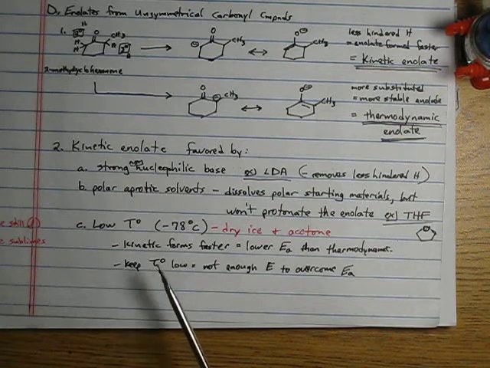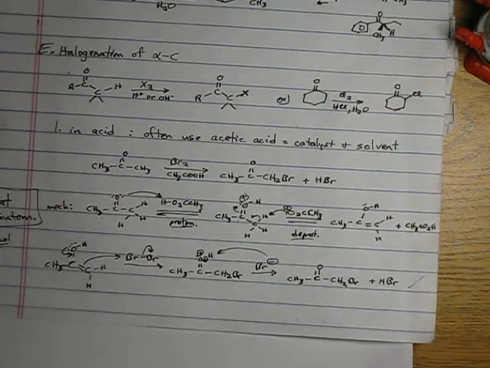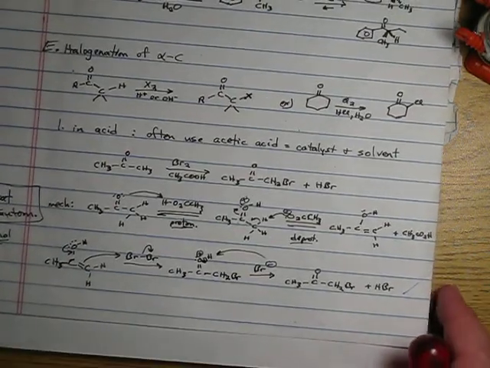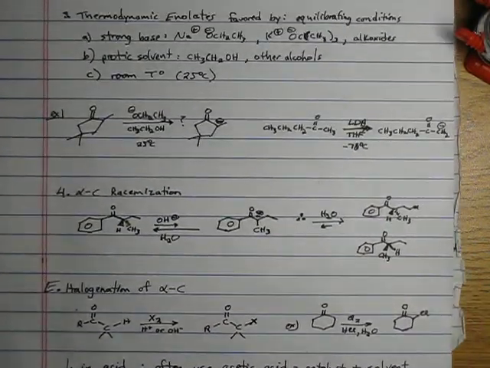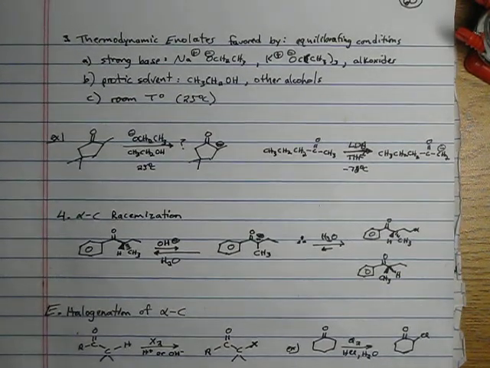All right, but these low temperatures, the dry ice acetone bath that you'd run it in, favor the kinetic enolate. Well, what conditions favor the thermodynamic enolate? Well, it needs a strong base, but we need equilibrium conditions.